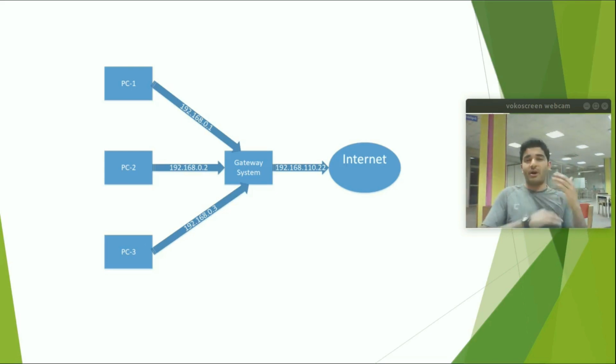When the internet sends back the response, it assumes the gateway system is the source, and when the gateway receives the response, it sends it back to PC2 and PC3 respectively. That's how this works, and this whole phenomenon is IP masquerading.